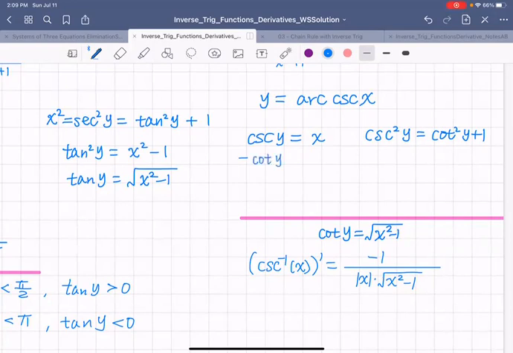Yes, that's right. Negative cotangent y times cosecant y times y prime equals 1, okay? So y prime equals negative 1 over cotangent y times cosecant y.